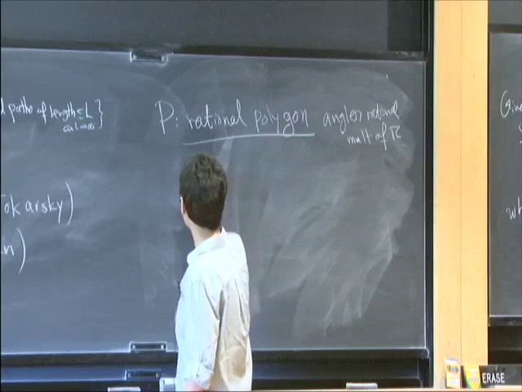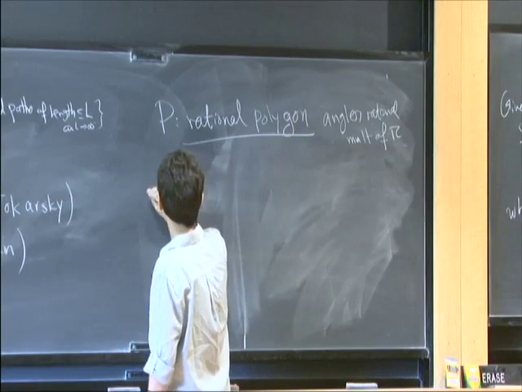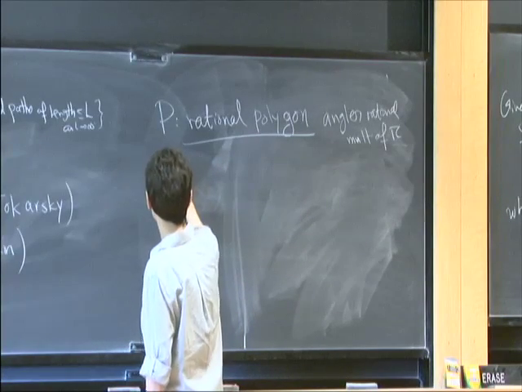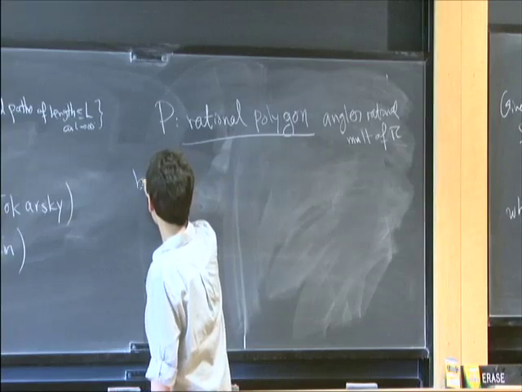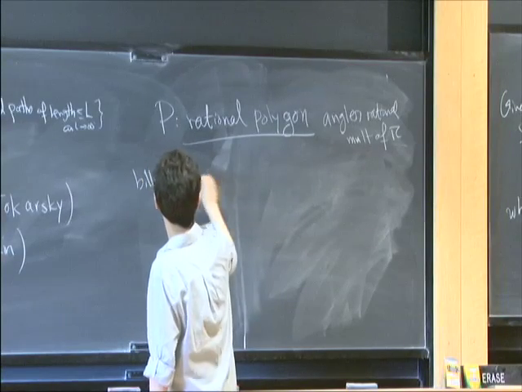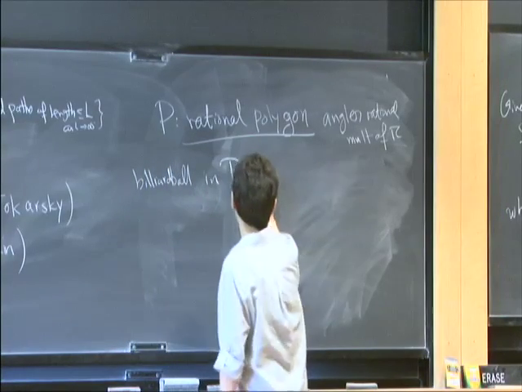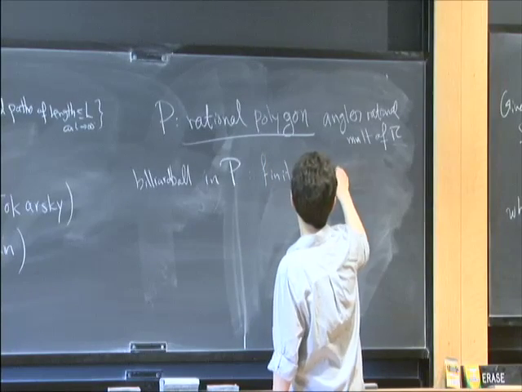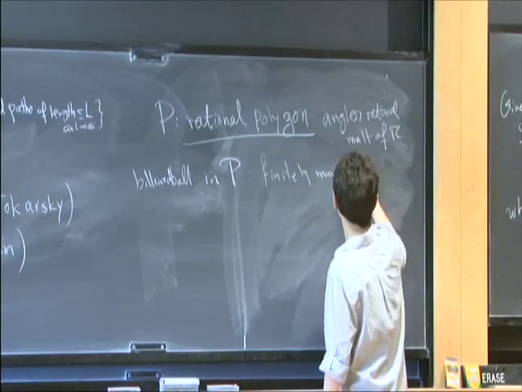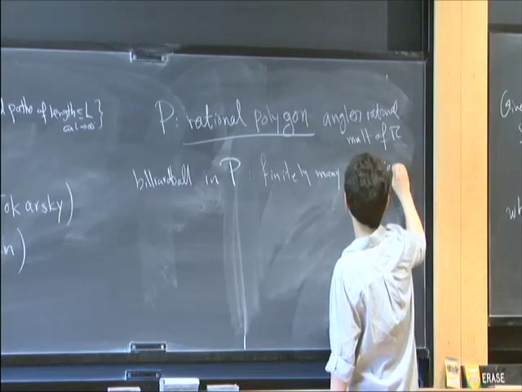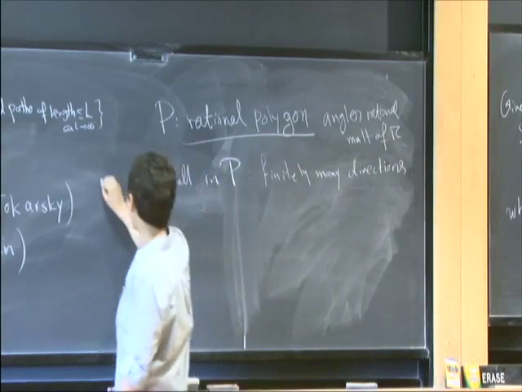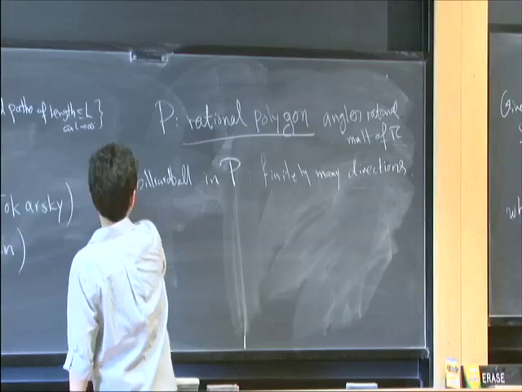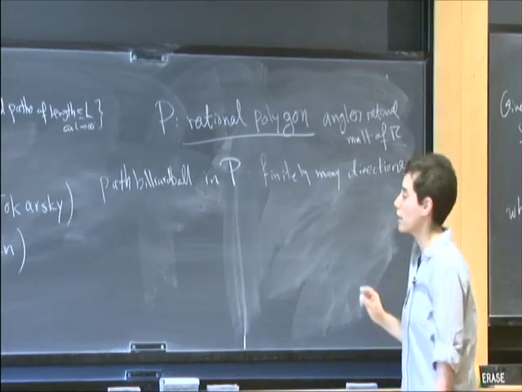Maybe the main reason is that if you have a billiard ball in P, an infinite path of the billiard ball in P will have finitely many directions.